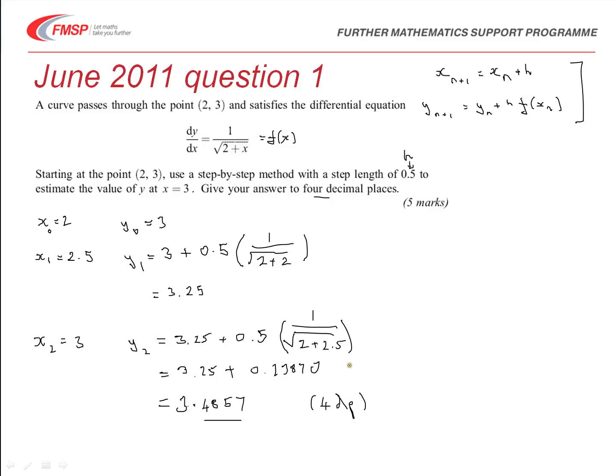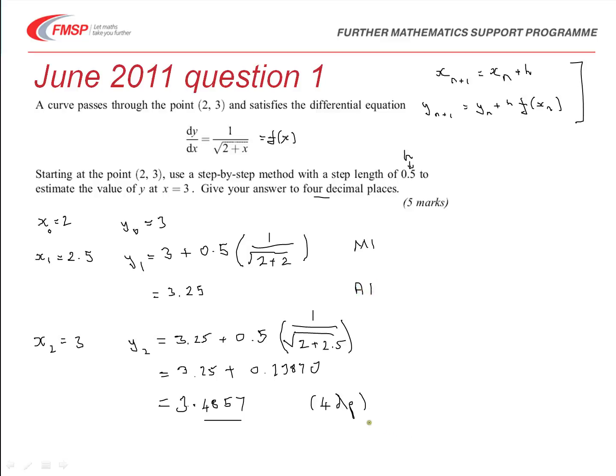Okay, so where are we picking up the marks? Well, initially a correct method here would give us 1 mark, and a correct answer for that value of y would give you an accuracy mark.